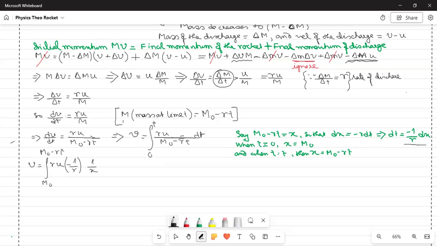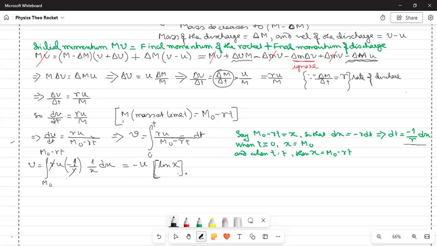I think you have understood this part, that this is a part of mathematics actually, and this is dx. So this is equal to ru, these are all constants, so we have here minus u, this r gets cancelled, and integration of 1 by x is natural log of x.